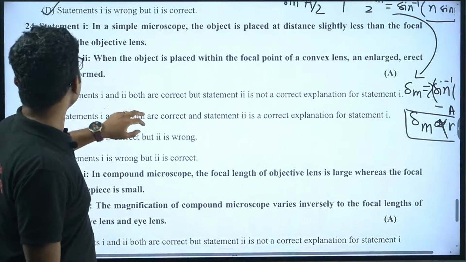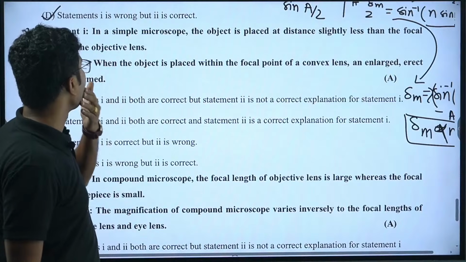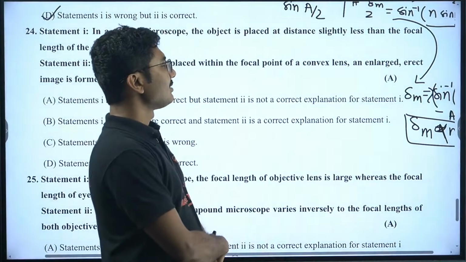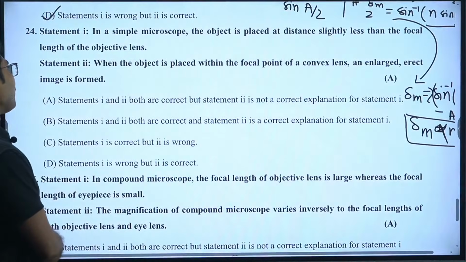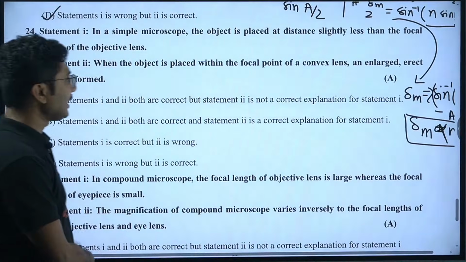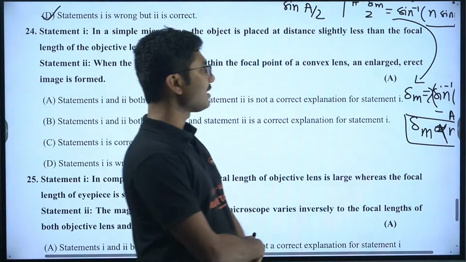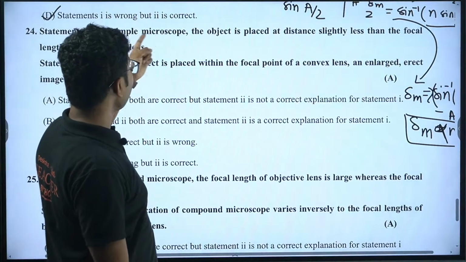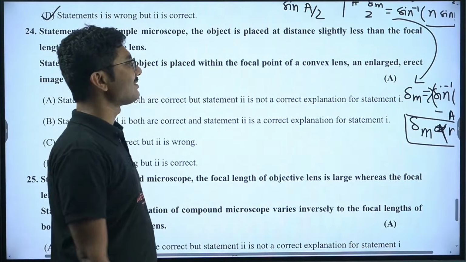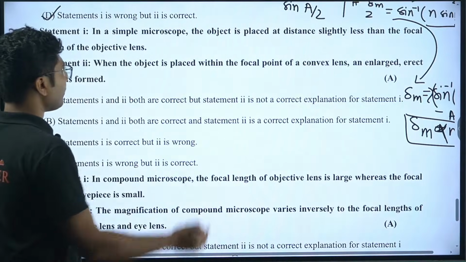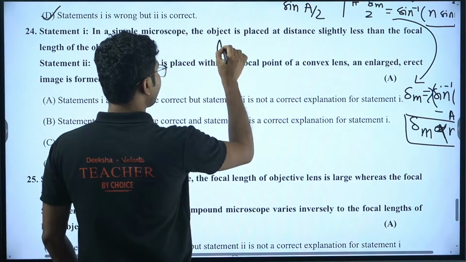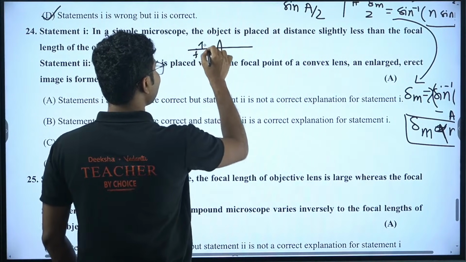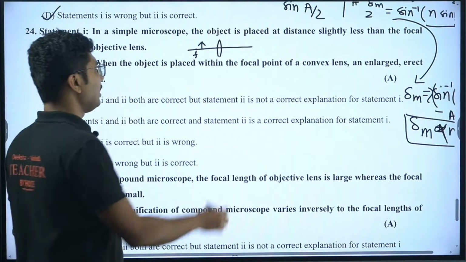Now question 24, we have two more questions, so quickly simplify them. In a simple microscope, the object is placed at a distance slightly less than the focal length of the objective lens. When the object is placed within the focal length of a convex lens, an enlarged erect image is formed. A simple microscope is basically a convex lens, and the object is placed slightly less than the focal length of the lens.